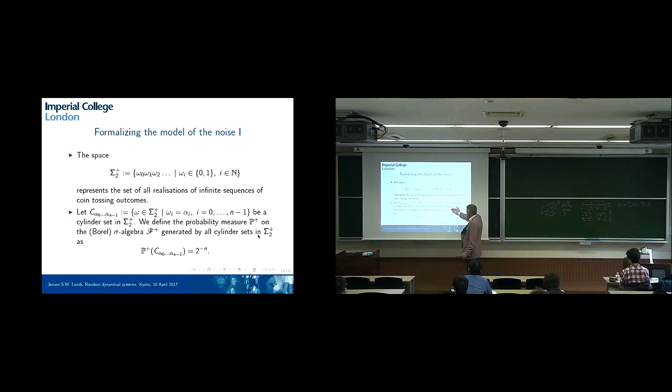And I define a probability measure on this space, Sigma 2 plus, with a sigma algebra based on these cylinder sets, by defining precisely the probabilities in each of these sets, which is just 2 to the minus n, because it's the probability that I have such a specific event. Right? I say like 0, 0, 0, 0, 0, five times 0, that has a 2 to the minus 5 chance. Because otherwise there's also a chance that I throw other numbers. So it's a very natural probability measure on this space.